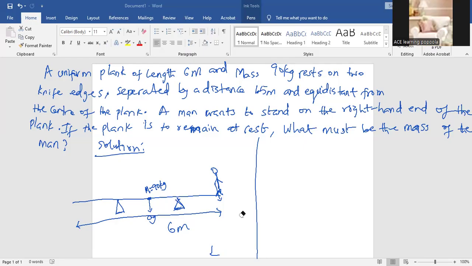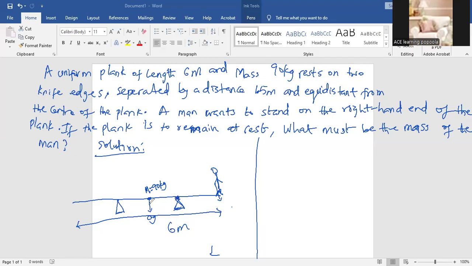Now, for the man to balance, his mass must be such that the center of gravity will be here. For him to balance here, his mass must be the kind of mass that will make the center of gravity of this plank shift to this point.